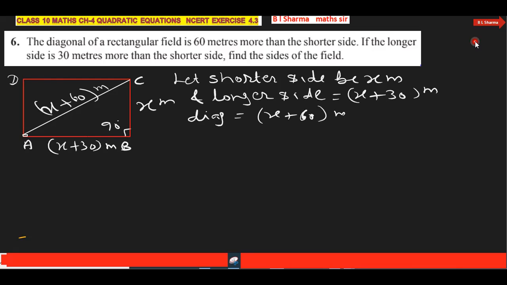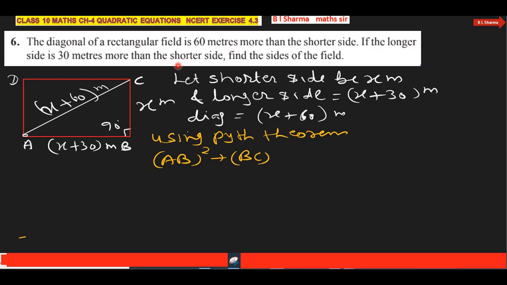Using Pythagoras theorem, we can say that AB square plus BC square is equal to AC square.